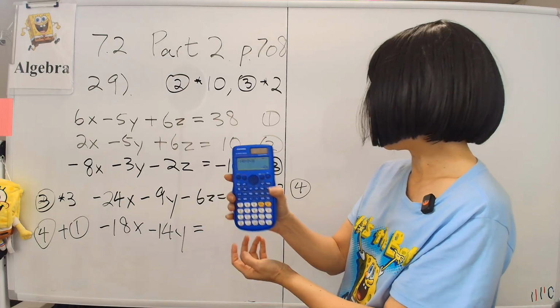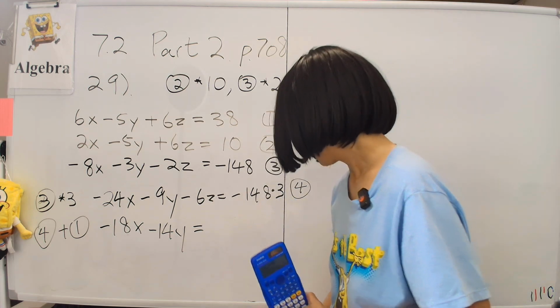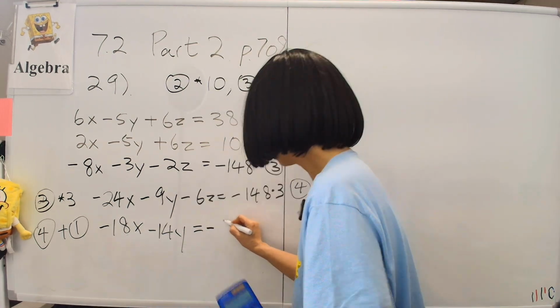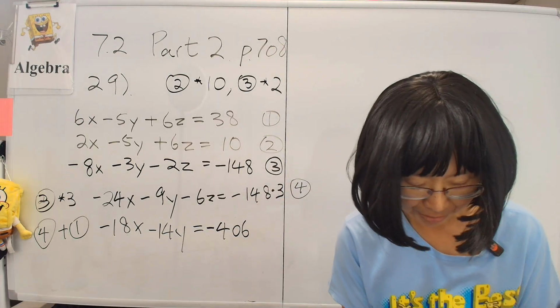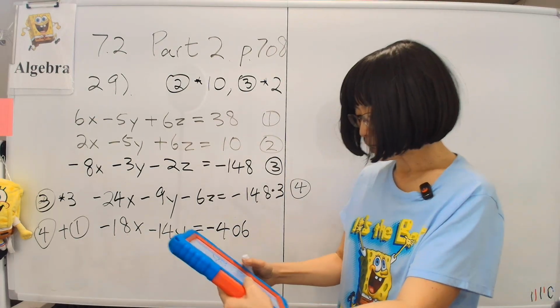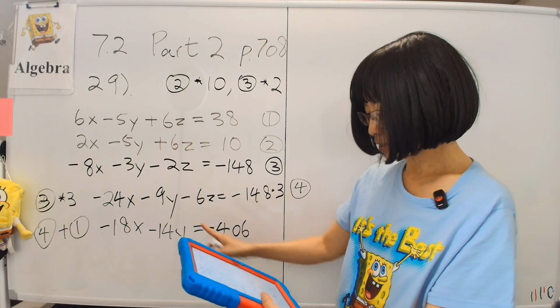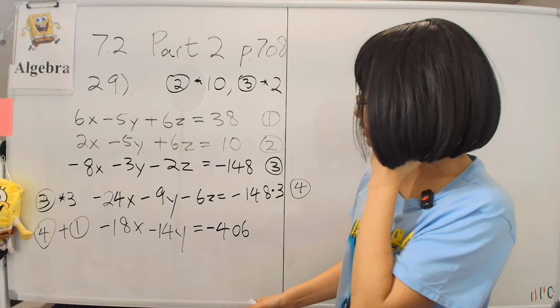It looks okay. I got minus 406, which is correct. So that gives us minus 406. Now the equation says minus 18x minus 14y, so that's consistent with what I did on the calculator.